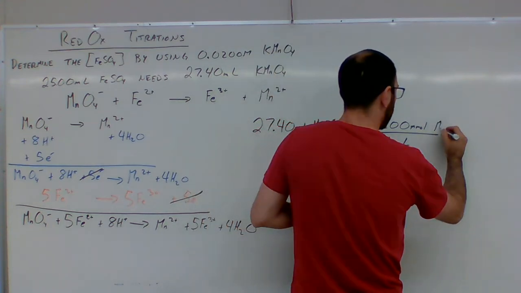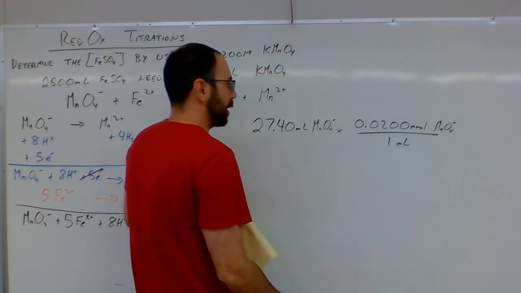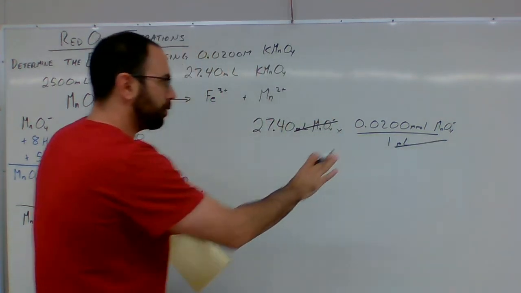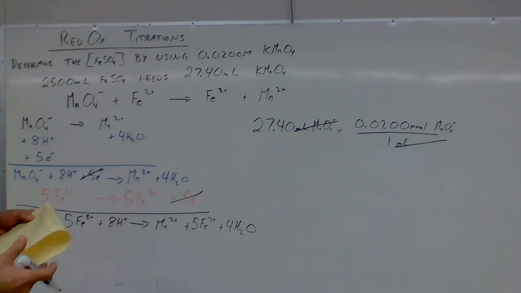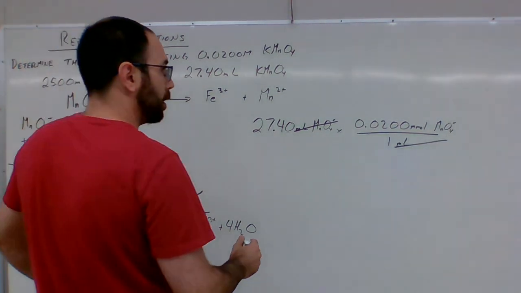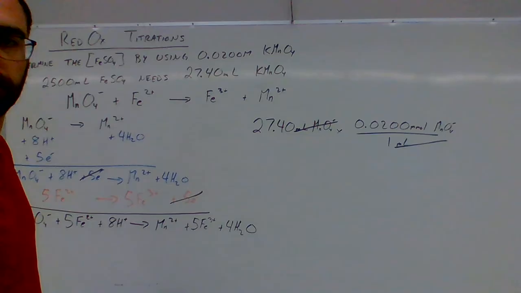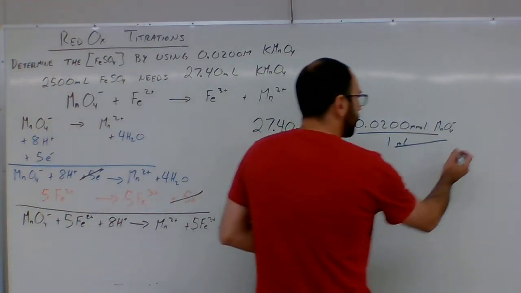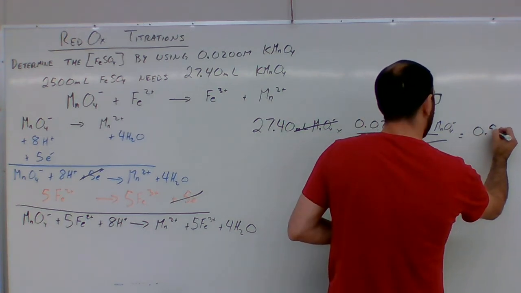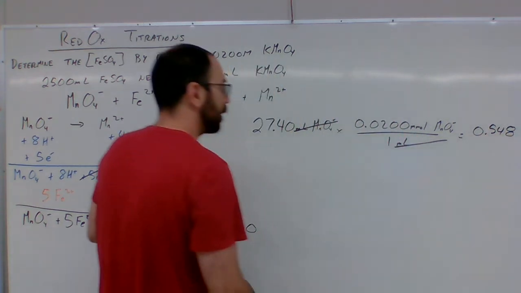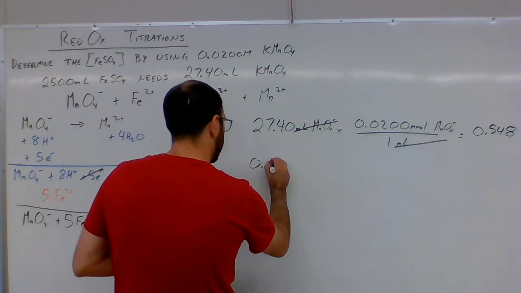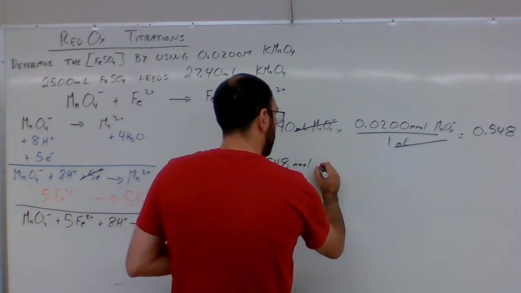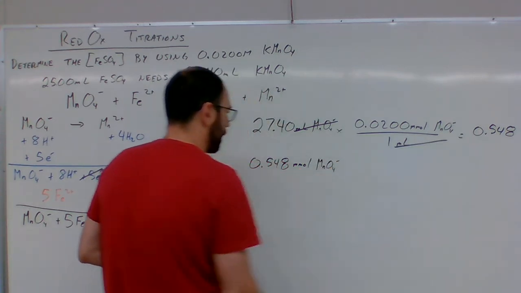The milliliters of MnO4 cancel, and when I multiply this all out, I end up with 0.548 millimoles of my MnO4 minus.